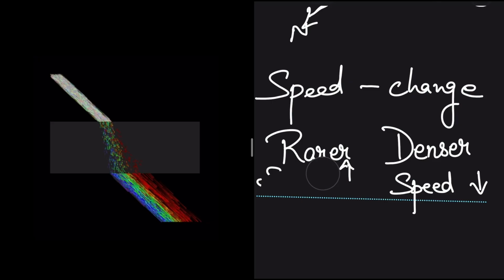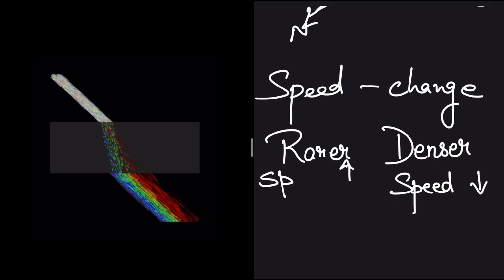Let me correct this. If the speed of light is more, we call that medium a rarer medium. If the speed of light is less, that medium is called a denser medium.